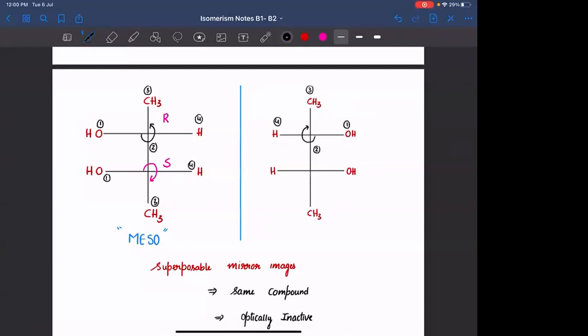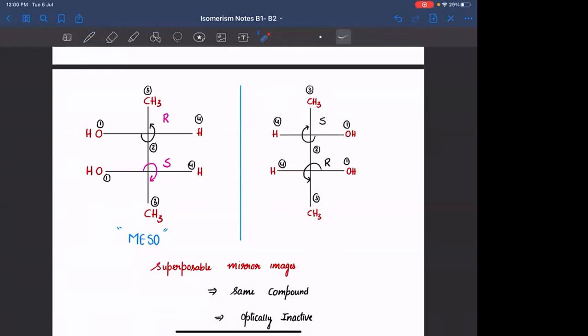You are rotating it in clockwise sense. R होना चाहिए, but this will be S. Agreed? This will be 1, that's 2, 3, 4, 1, 2 and 3. S होना चाहिए, but this will be R. Agreed?